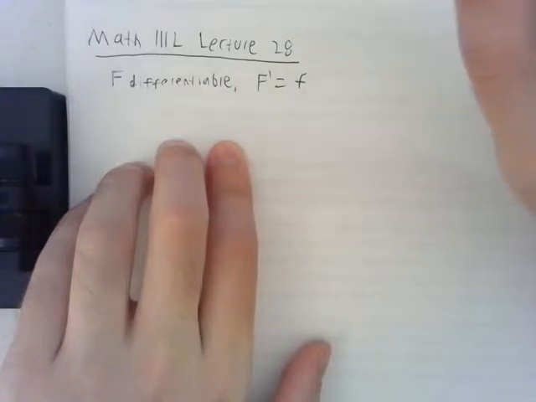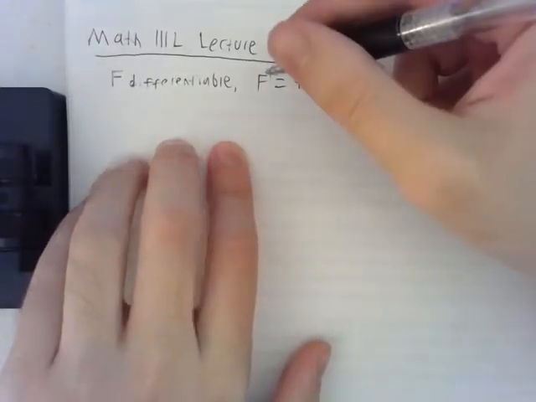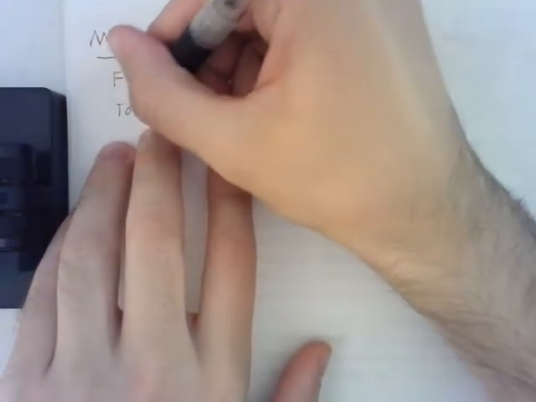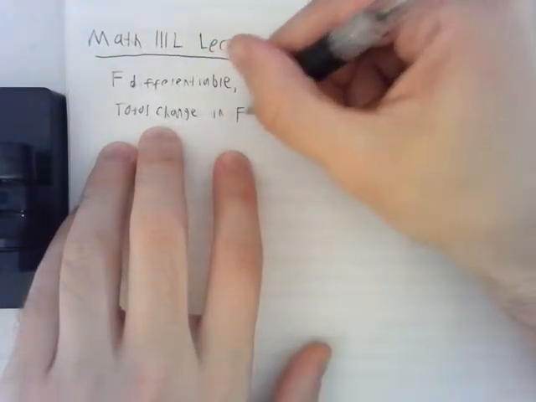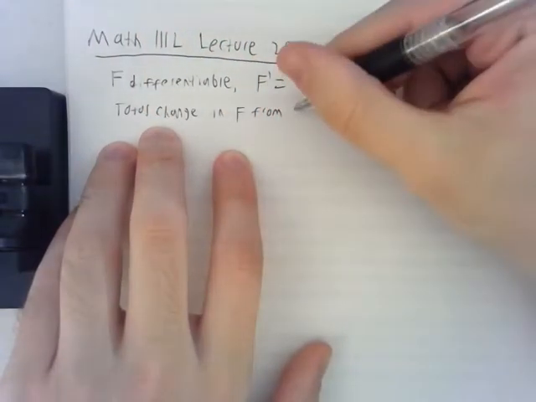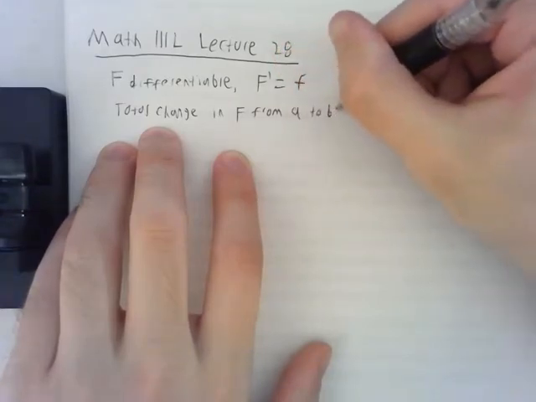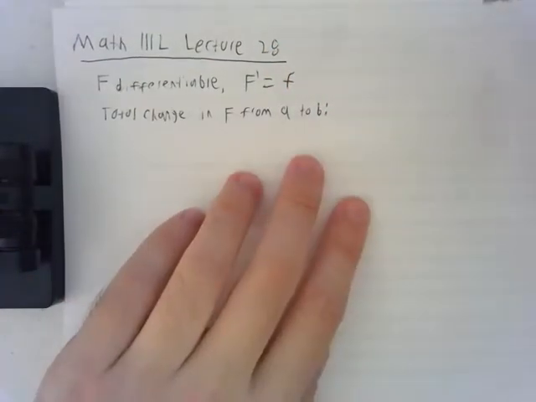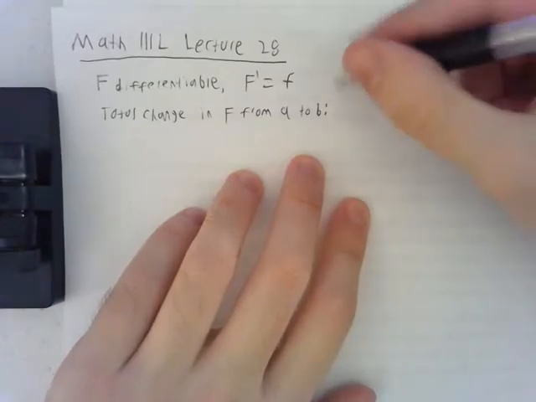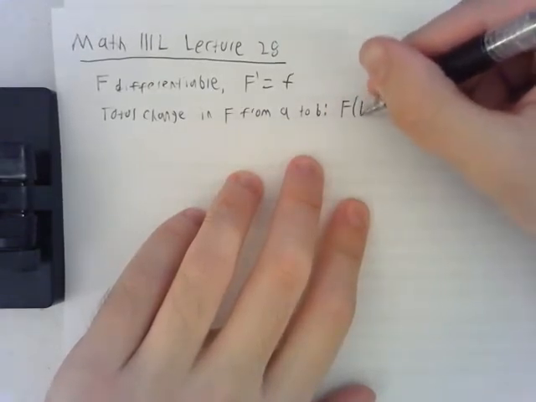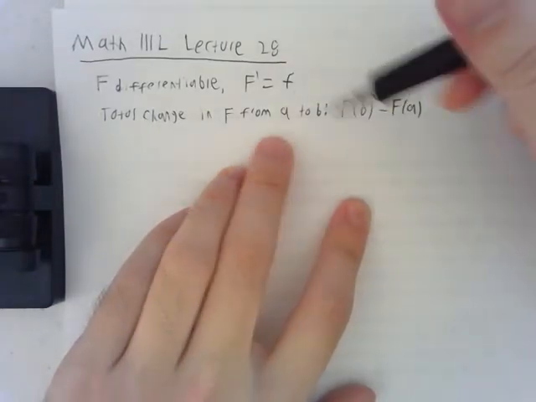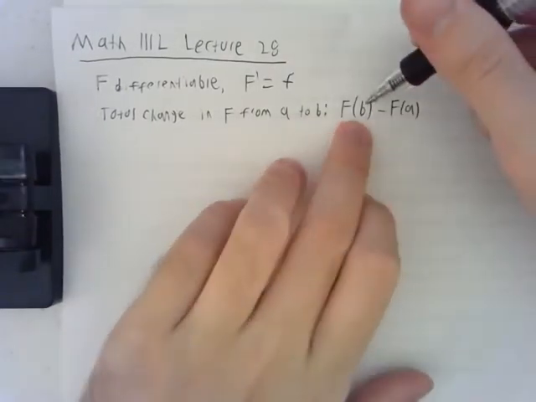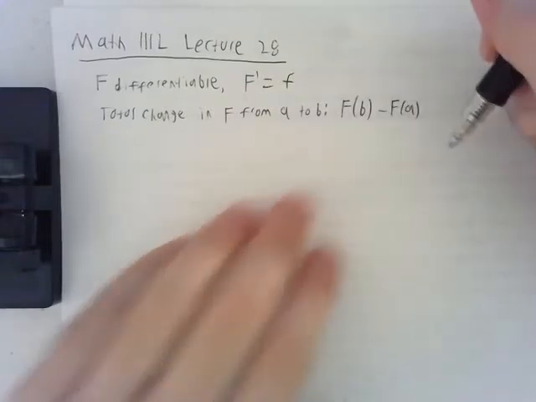Suppose I want to know the total change in F between two points A and B. Well, this is not too difficult to find. It's F of b minus F of a, right? The change between these two points is just the function value at the second point minus the function value at the first point.